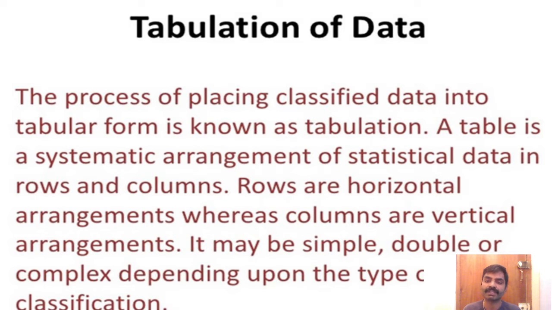A table is a systematic arrangement of statistical data in rows and columns. Rows are always horizontal arrangements, whereas columns are vertical in nature. It may be simple, double, or complex. It depends upon the type of data which we are going to classify.